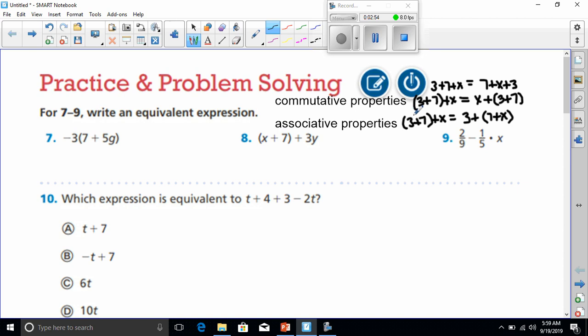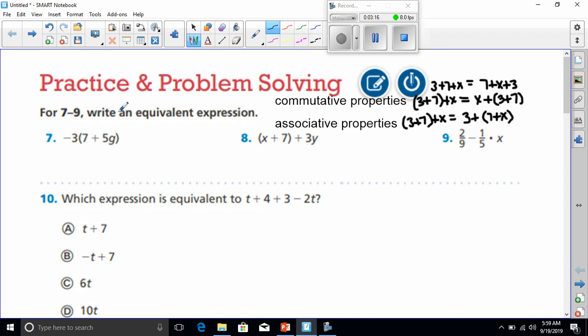Everyone notice I kept the order of the numbers and variables, but I just moved the parentheses around. So associative means I'm going to move my parentheses, my groupings, and commutative means I'm going to move the numbers around. All right, so let's go ahead and try to work these out.